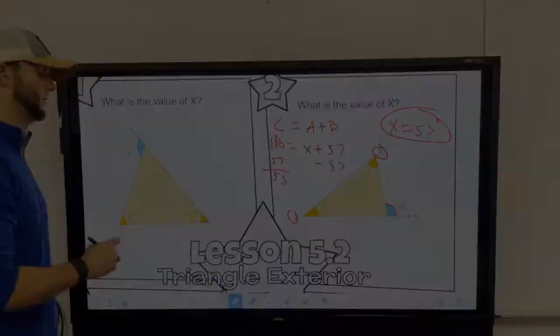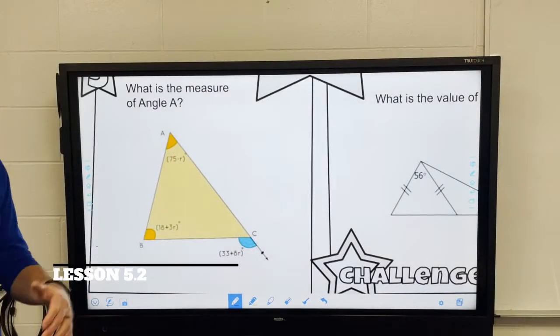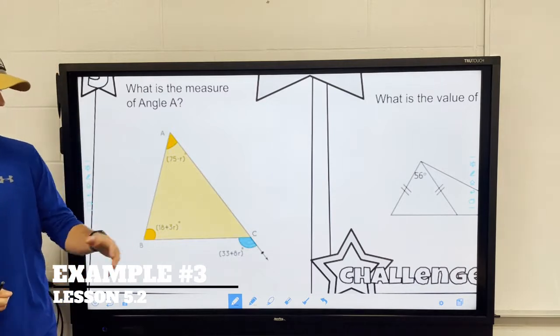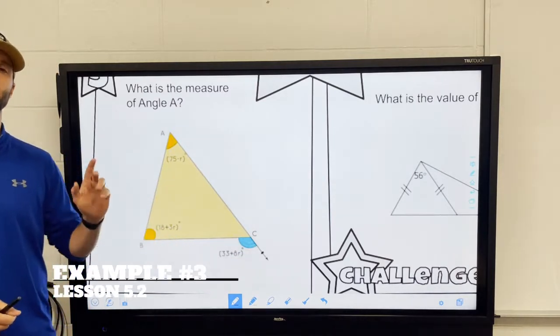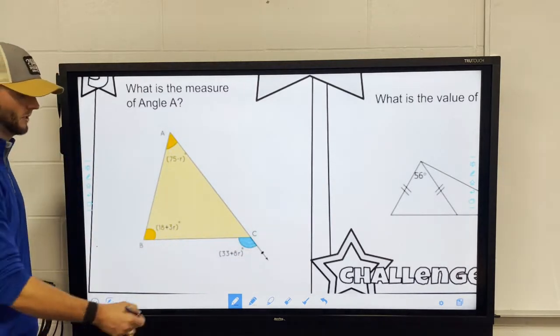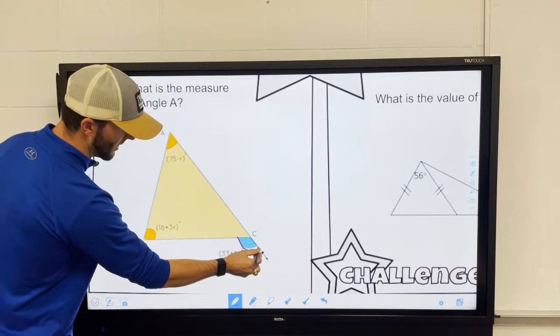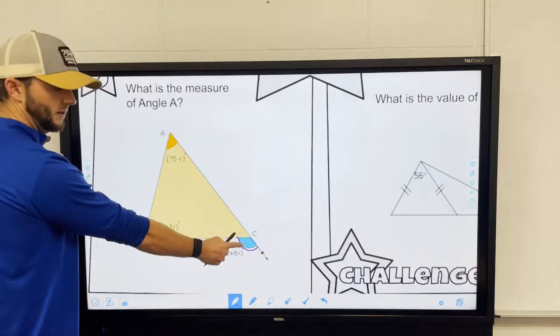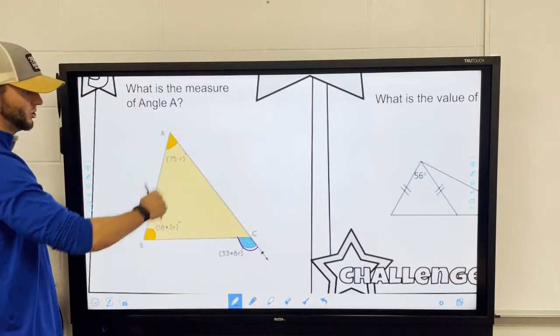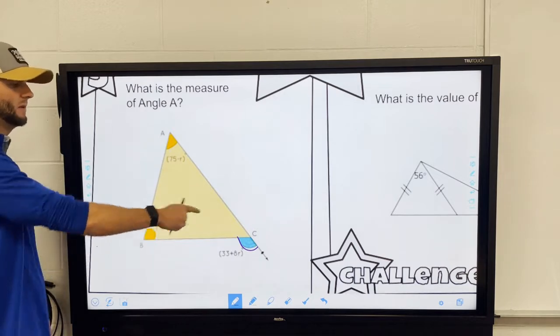Looking at example number 3. All right, so on example number 3, we're using the same concept again. I've been given an exterior angle, and I need to find the value of x by using that concept. So right now, I know angle C is my exterior angle, so this angle down here, and then I need to add my two remote angles together to give me that angle.